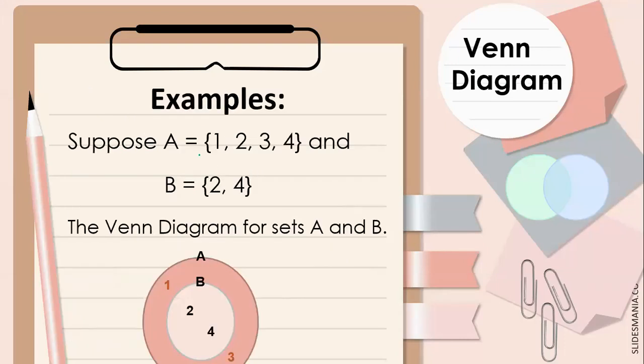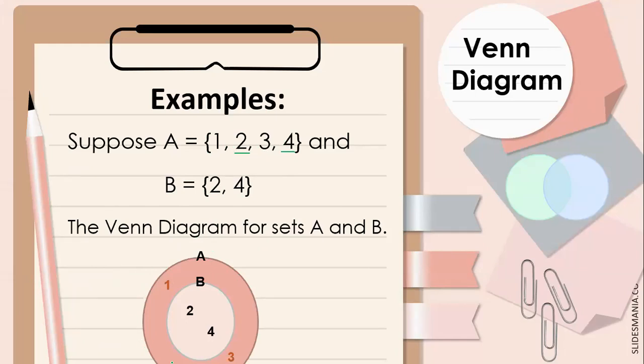So suppose set A equals to the elements of 1, 2, 3, and 4. And then we have set B which is 2 and 4. So kapag ni-represent natin siya using Venn diagram, we have this figure. Okay? So bakit nasa loob yung set B? Bakit nasa loob siya ng set A? Kasi yung mga elements ng set B which is 2 and 4 is nakapaloob siya sa set A.